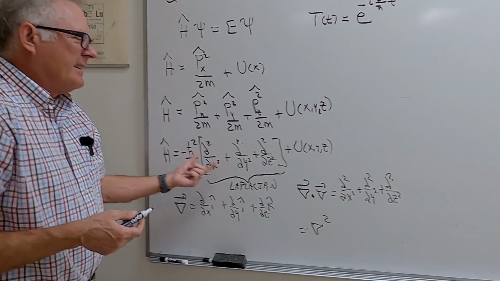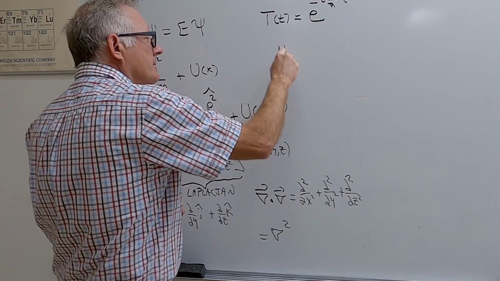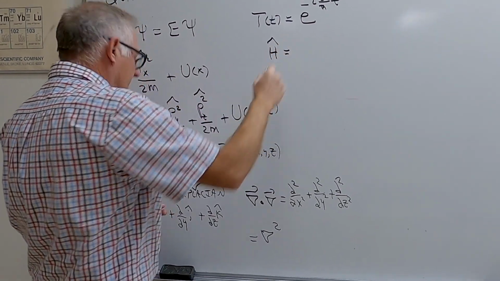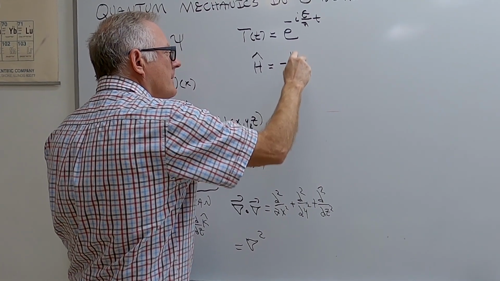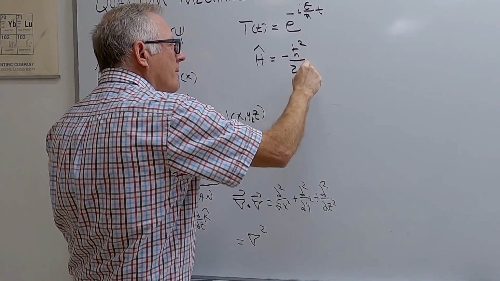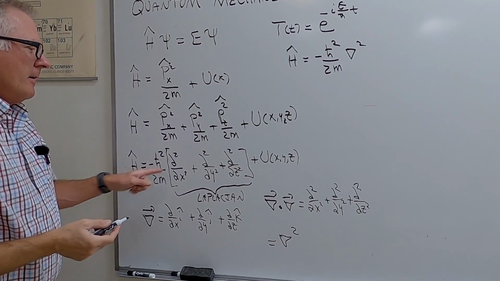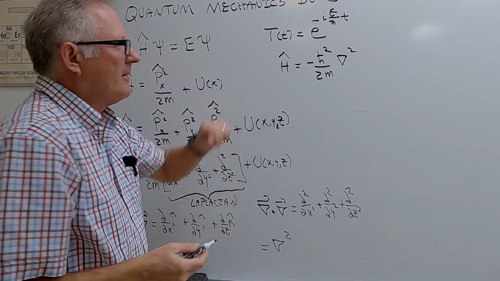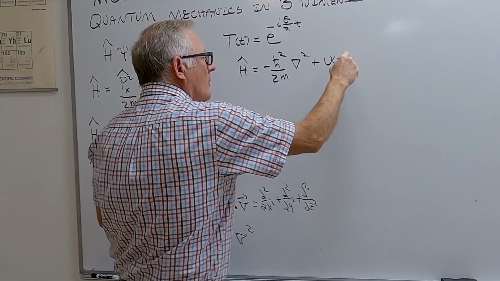So we could write this a little bit simpler as H is equal to minus h bar squared over 2m del squared plus U of x, y, z.